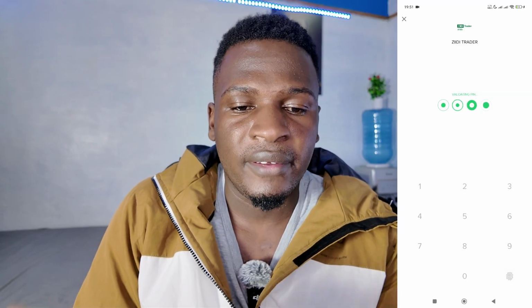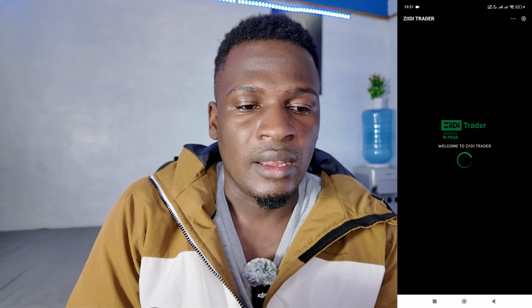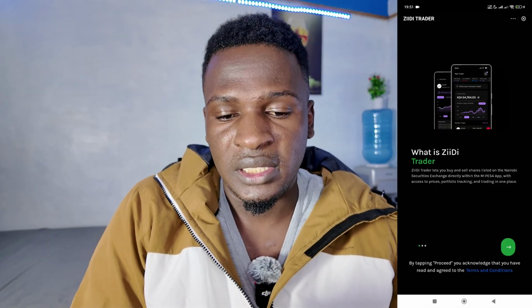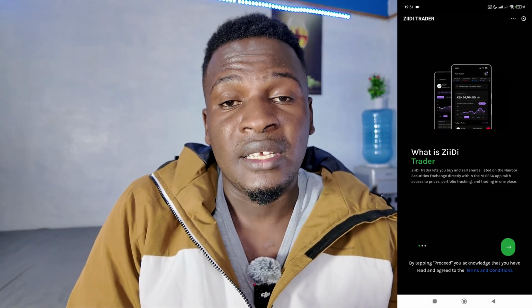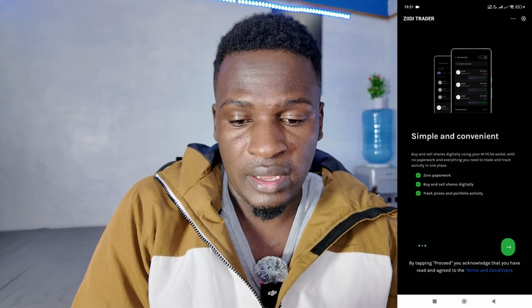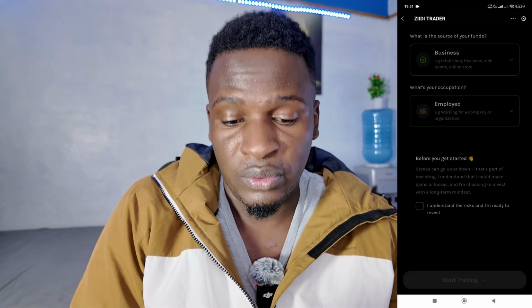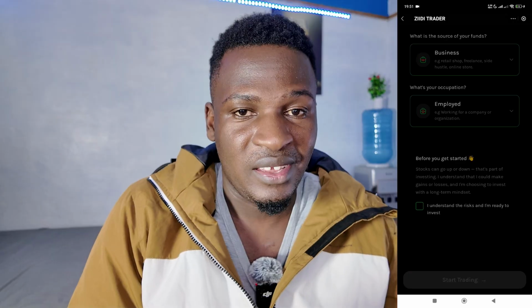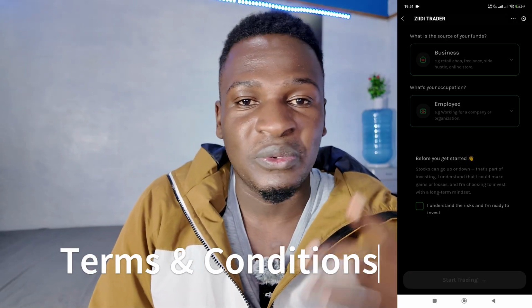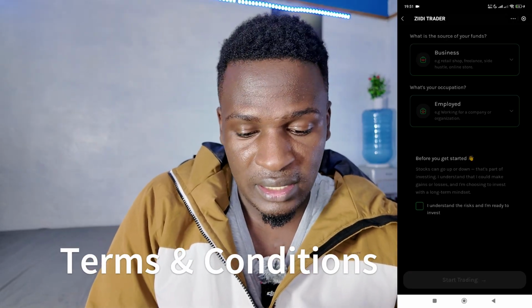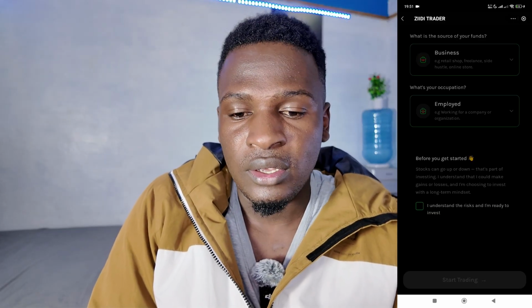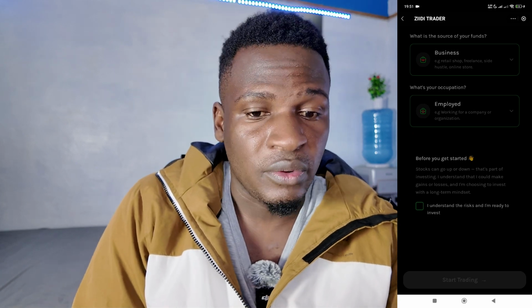So on your mobile phone you enter your PIN, and the Ziidi Trader app will load, and it will tell you what Ziidi Trader is. It lets you buy and sell shares listed on the Nairobi Stock Exchange. Then you proceed. You know, a lot of Kenyans, we don't read terms and conditions, we just accept. You will go ahead and read the terms and conditions, and you will choose the source of where you get your funds.